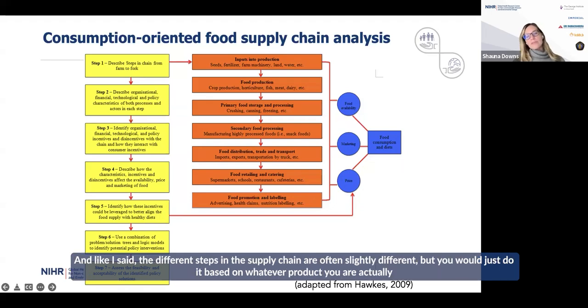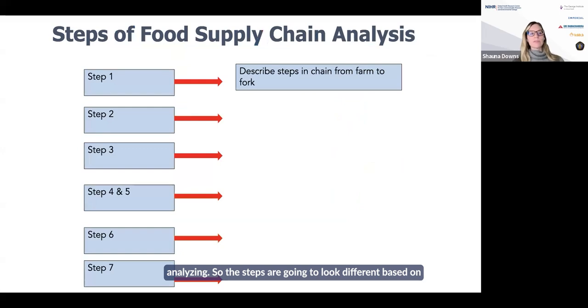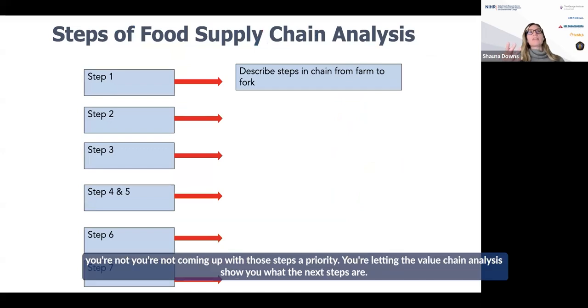And like I said, the different steps in the supply chain are often slightly different, but you would just do it based on whatever product you are actually analyzing. So the steps are going to look different based on what product you're doing the analysis for, because you're not coming up with those steps a priori.